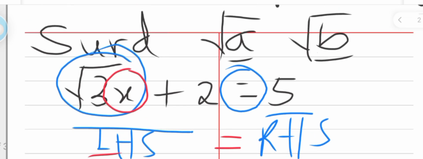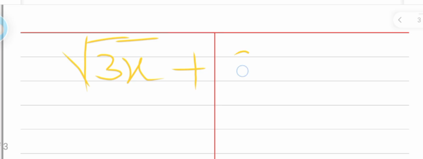Now, to be able to test if that is true, let's rewrite the whole question again. Our question that was given was root 3x plus 2 should give us 5. So it means that when we evaluate using the new value of x, the right hand side should be equal to the left hand side.